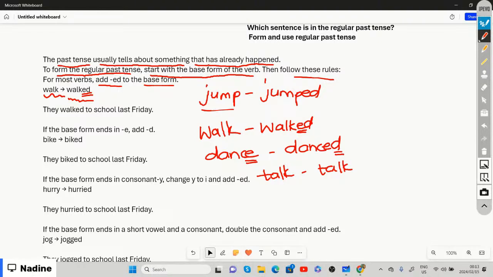Can we think of more regular past tense verbs? Think of the word start.